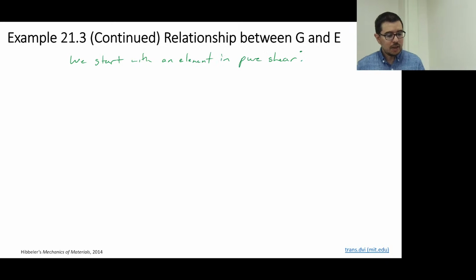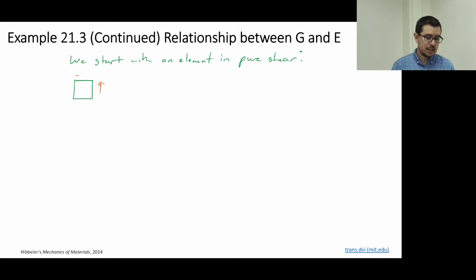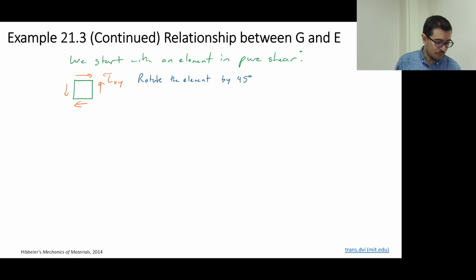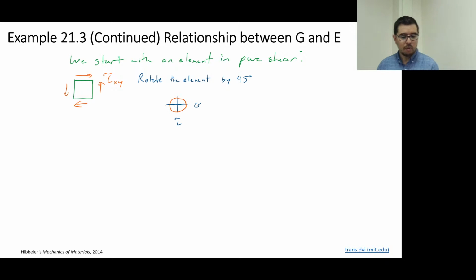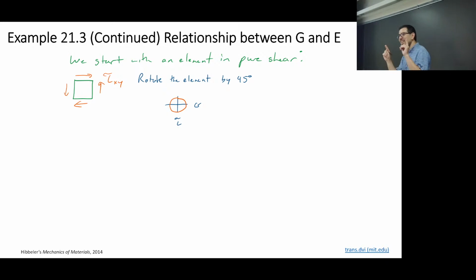If we start with an element in pure shear, it looks something like that. Then we rotate that element by 45 degrees. What happens there? We use Mohr's circle. And you're like, wait, you just said we were doing transformations with a thick plate, now you're telling me we're doing transformations with a thin plate and plane stress.